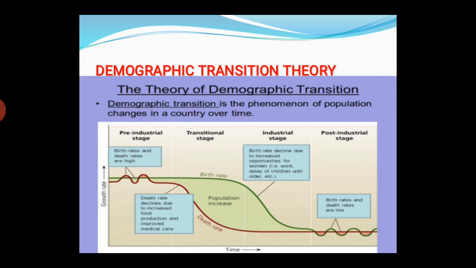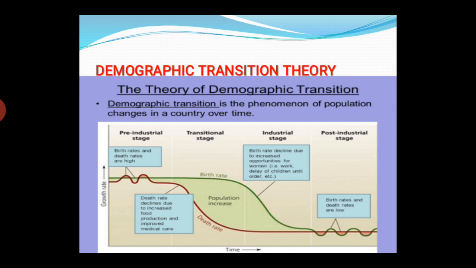Thank you. Let us consider the second theory on population, and this has to do with the demographic transition theory. You can see the diagram. It has to do with the phenomenon of population changes in a country over time.